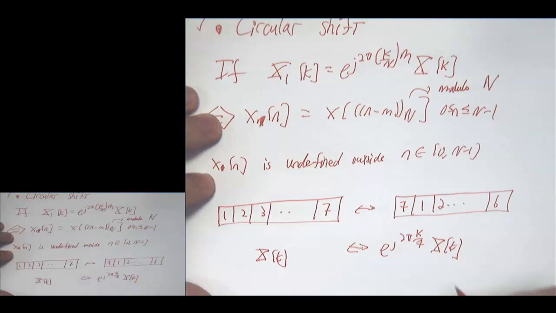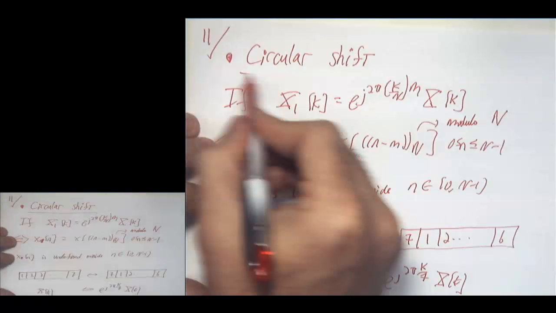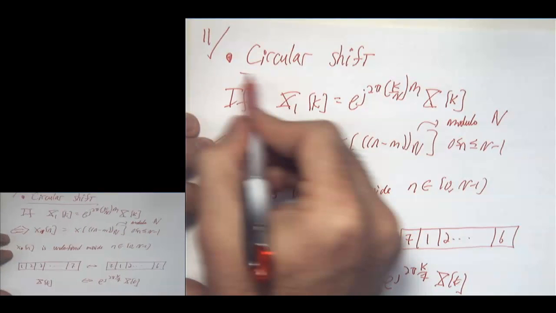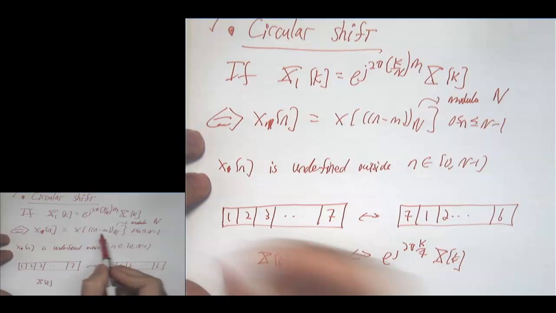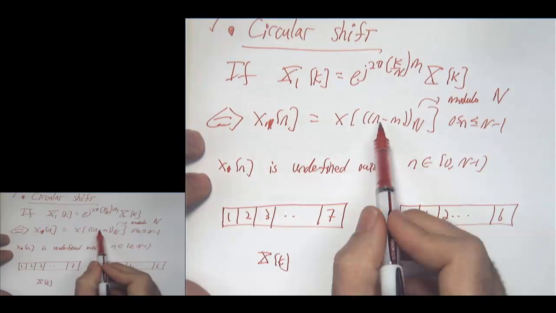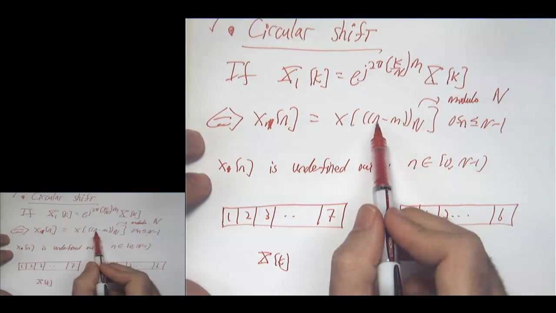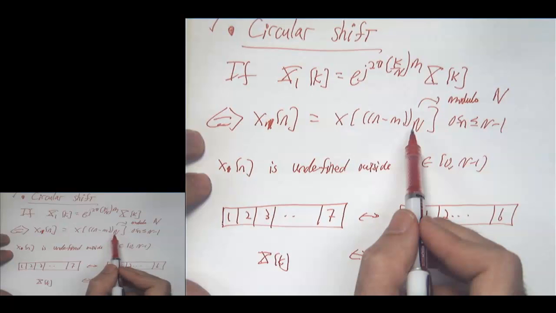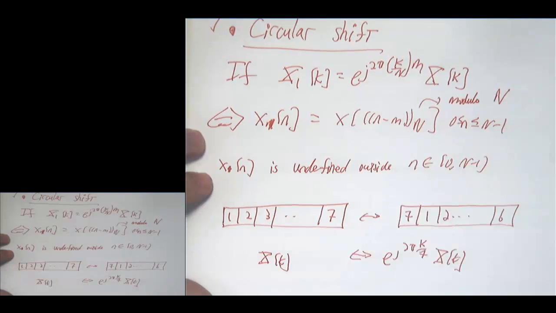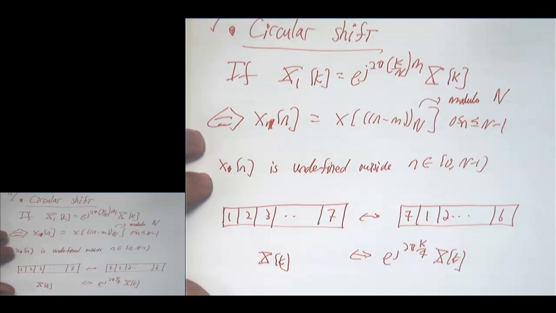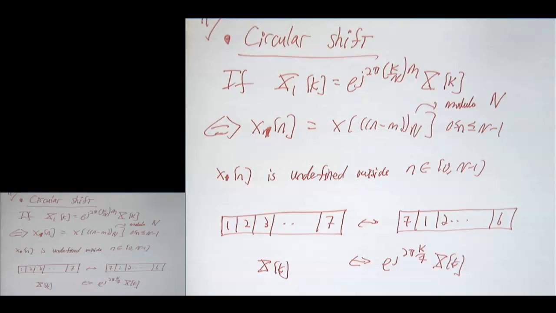So that's the first important property here, circular shift. Again, that's like modulo N. So 1 minus 7 gives us minus 6, modulo 7, that would give us 7 minus 6, which is 1. Any questions about circular shift?